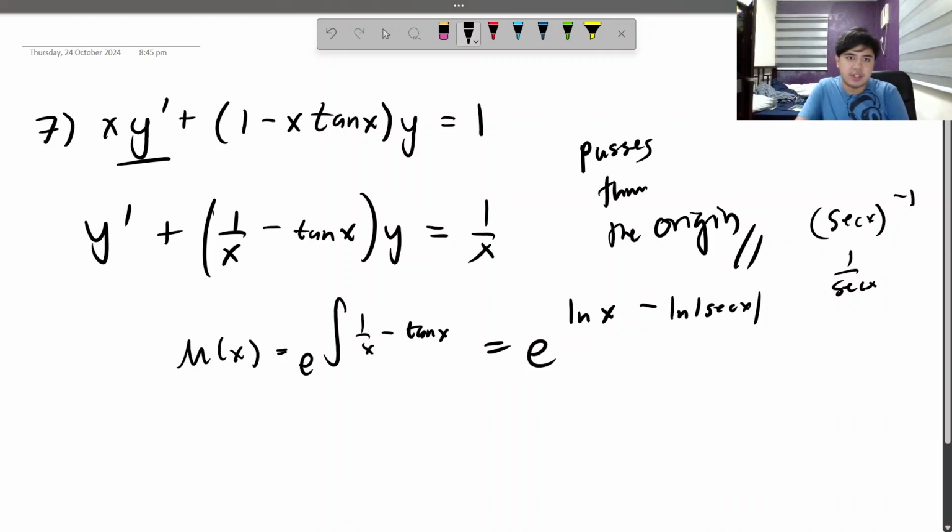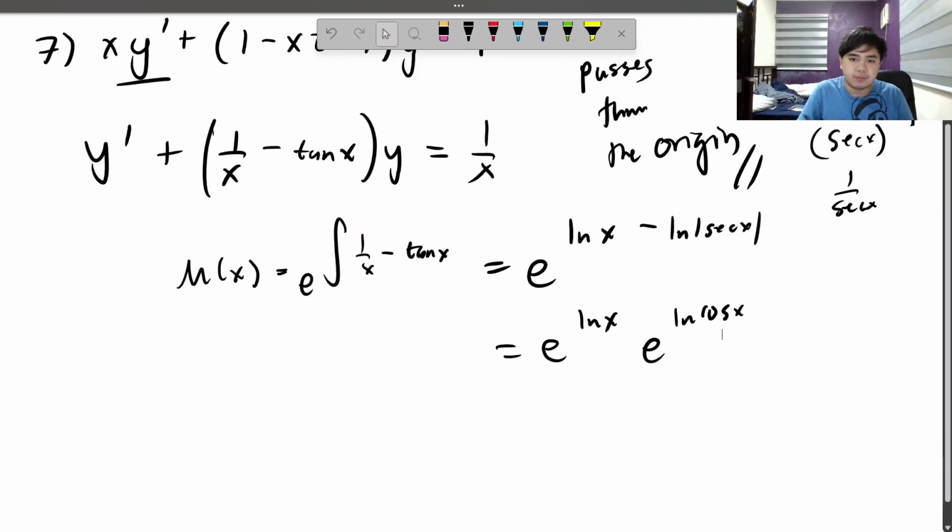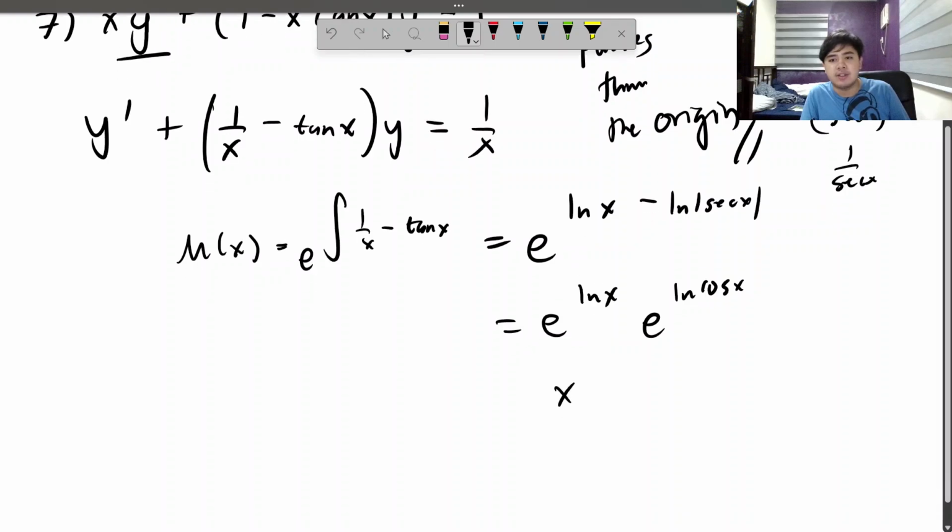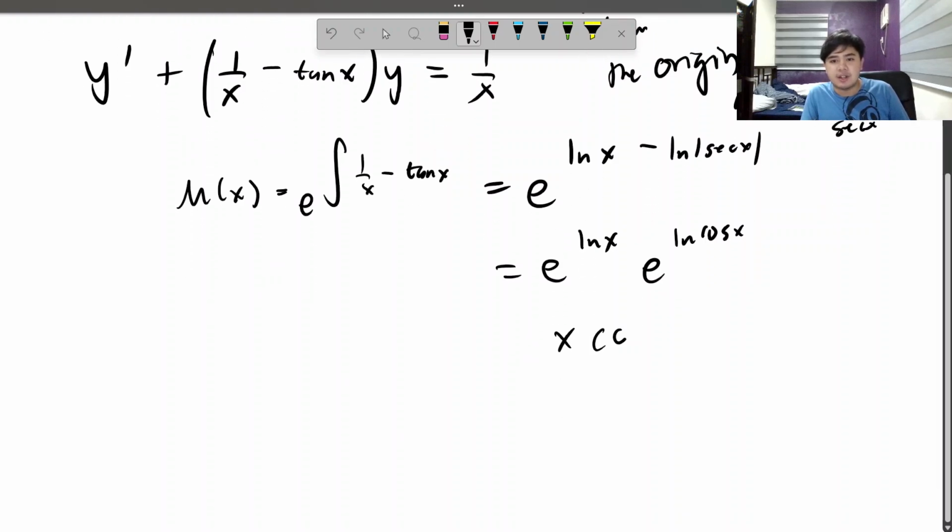And what is 1 over secant x? That is cosine x. So e to the ln x times e to the ln cosine x. This is positive, and then we separated using the law of exponents. E to the ln x is x. E to the ln cosine x is cosine x. And that's going to be our special integrating factor, mu.